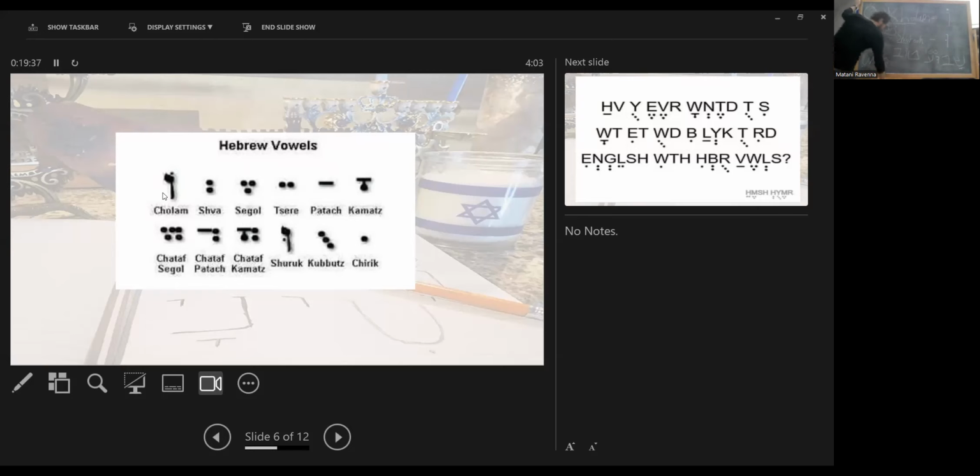On the word Shavua, shouldn't there be something at the end of it? Right now it's like Shavu. Yeah, because there's no vowel, you mean? Yeah, it should be a vowel, like this one. So the reason why we don't, and this kind of goes back to the history of it, that's a very good question.